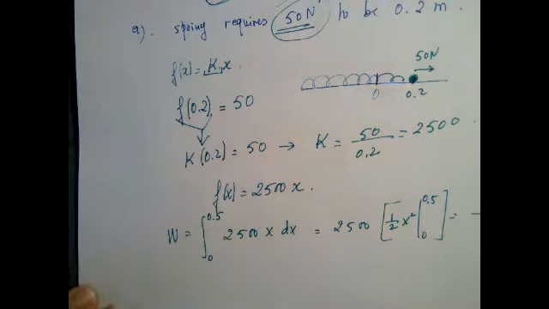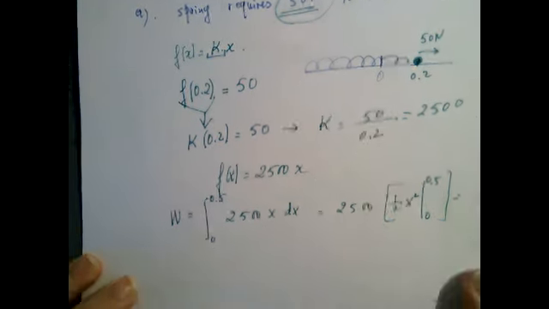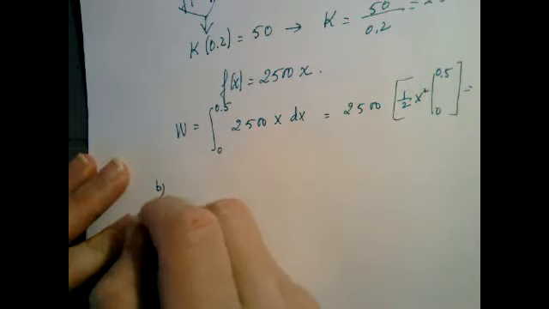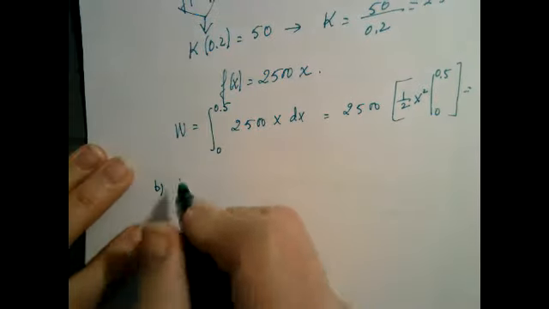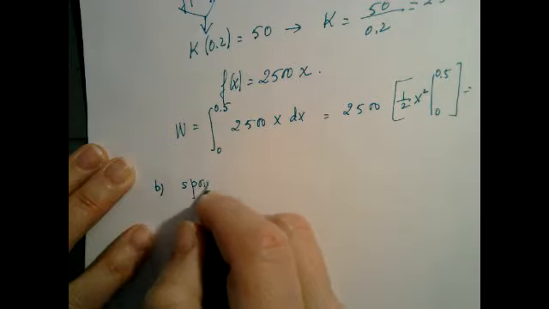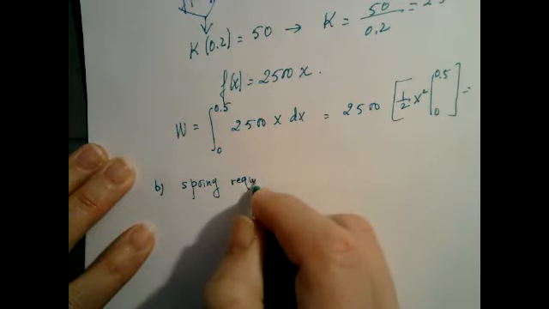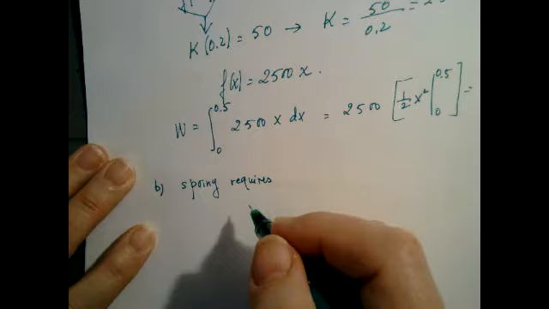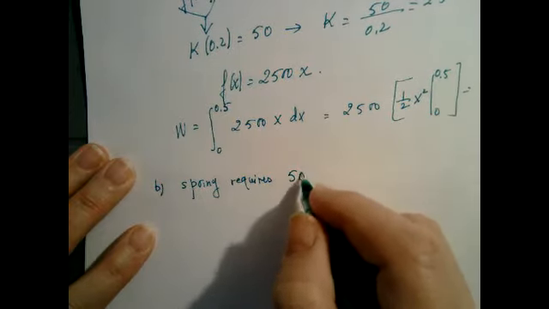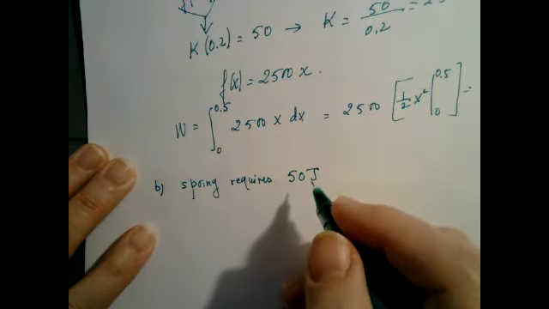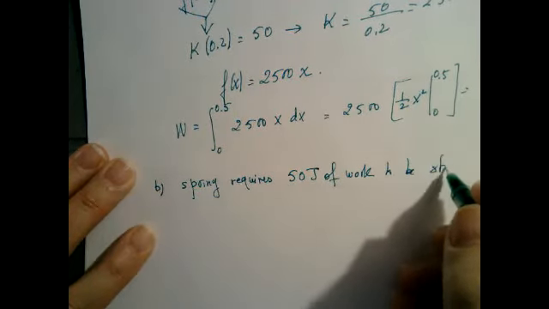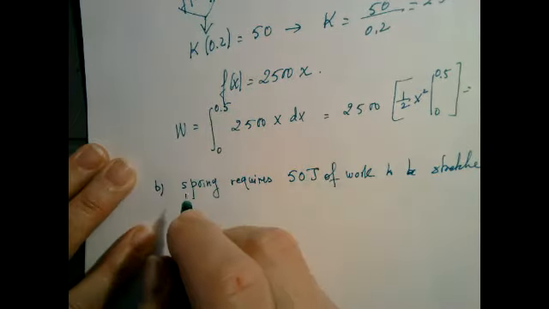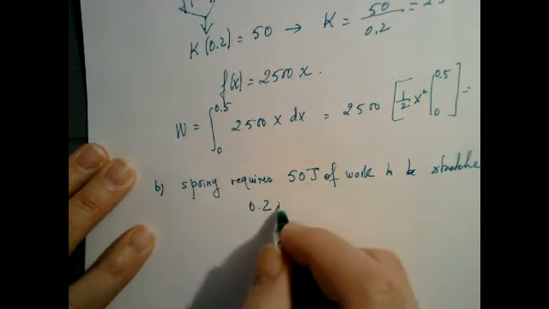That's my first spring. Now we're going to do scenario number 2. So again, the question is to find the work to stretch 0.5, but now this is my scenario: the spring requires 50 joule of work to be stretched 0.2 meter.